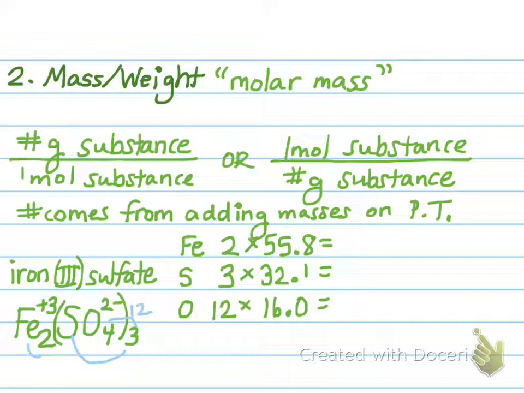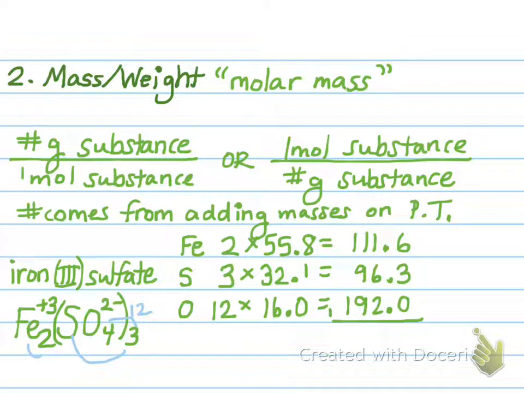Okay, so then again, I'm going to do 2 times 55.8, and I get 111.6. I'm going to do 3 times 32.1, so I get 96.3. And I'm going to do 12 times 16, so I'm going to get 192.0 here.